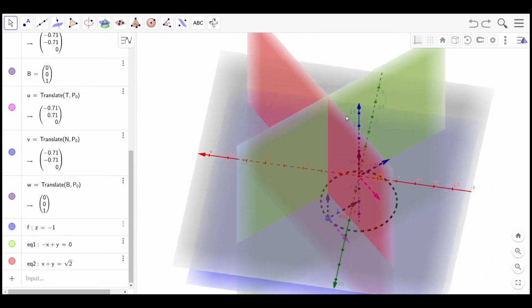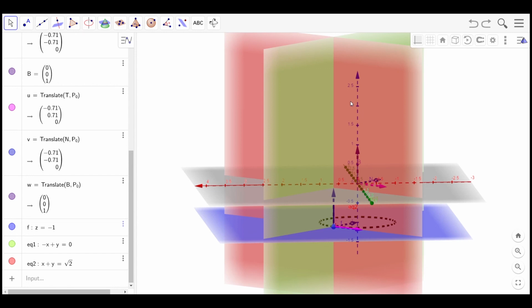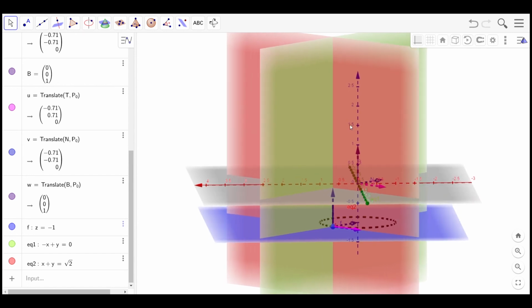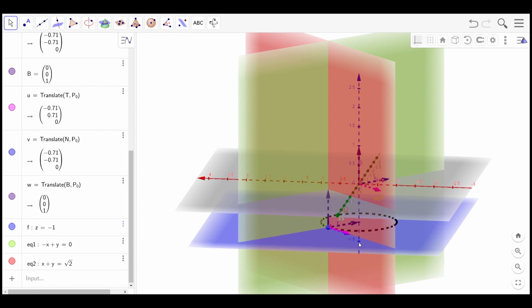So these are the planes at P0. You can see that T and N generate the osculating plane.